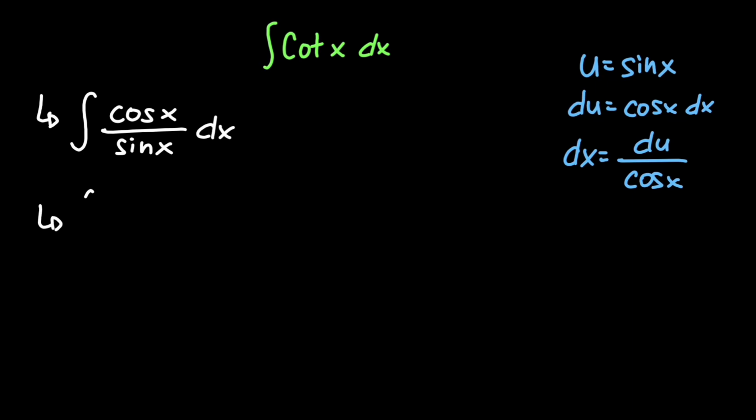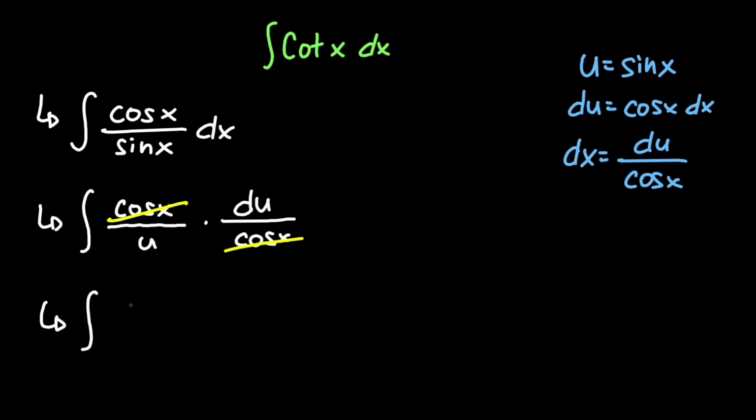So this would be the integral of cosine of x over u, and multiply this by the value of dx, which is du over cosine of x. This will cancel. So you are left with the integral of du over u. And so the integral of du over u is simply natural log of the absolute value of u plus c.